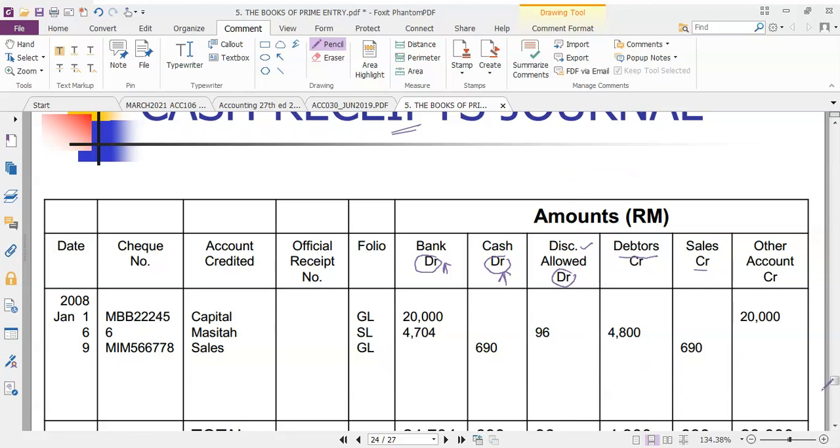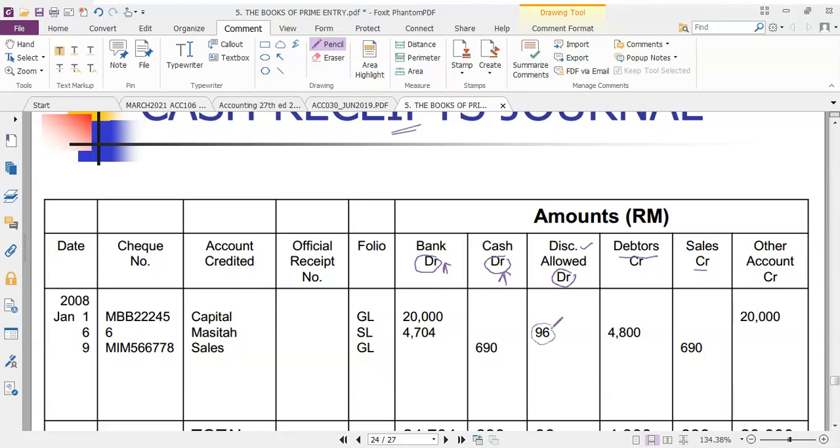Okay, ni contoh dia lah. Capital, kita bertambah, bank debit, and other account is capital account lah. Other account ni boleh apa-apa account. Masita, bank debit. Dia bagi kita 4704. Means that dia beli sales, kita jual barang pada Masita.